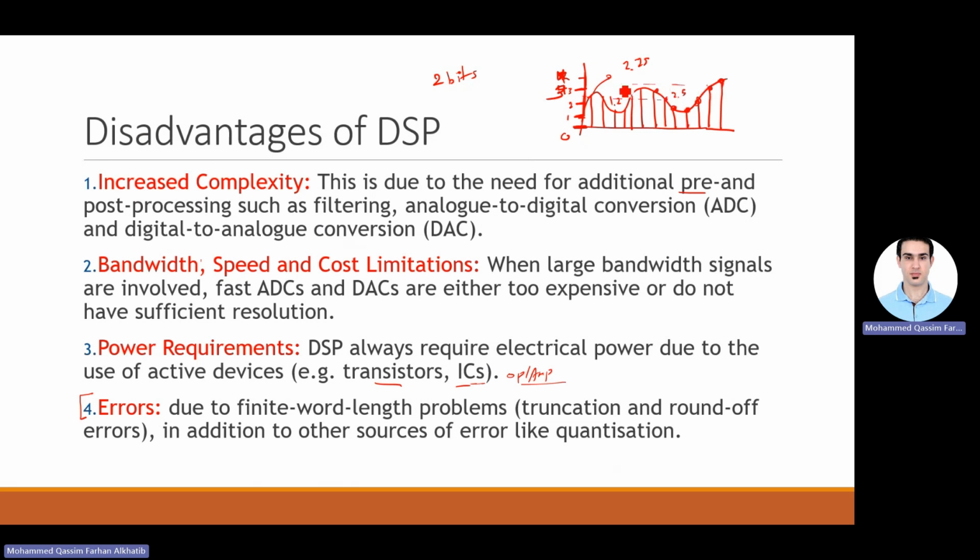This one approximately 3.1. So those are my analog values after sampling. Now, when I use 2 bits, I'm restricted to only 4 values: 0, 1, 2, 3. So this one, 1.2, will be approximated to 1. This one only to 2. This one only to 3. And this one, let's say, either 3 or 2.